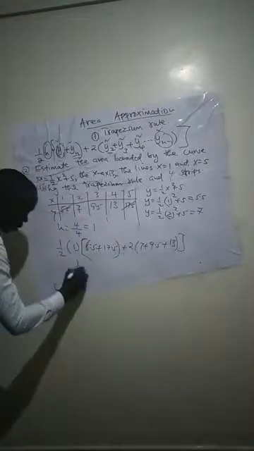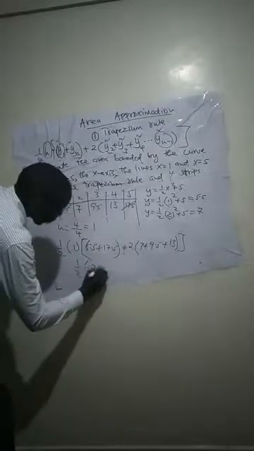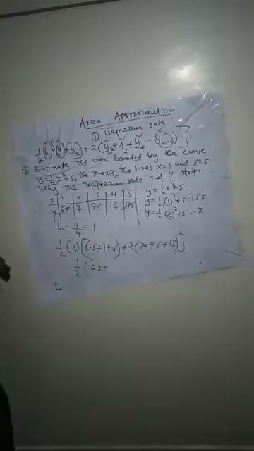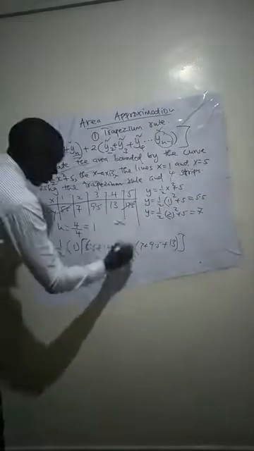So in this case, we'll have a half of, this is 17, 22, 23, plus, this is 20, 29.5. That is 29.5, we multiply by 2.